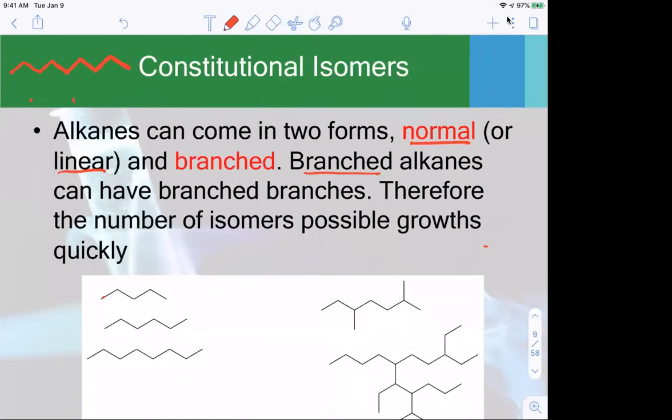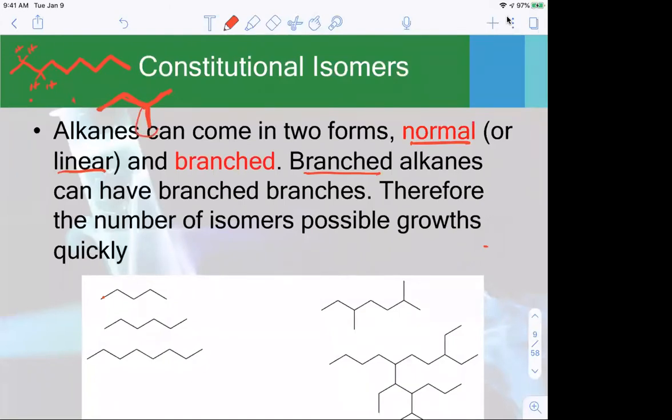Branched is where maybe instead of just having my hydrogens on any one of these points, I actually have another carbon. So if I put a carbon there, now I have 5 total carbons, 1, 2, 3, 4, 5, but I have a branch here.